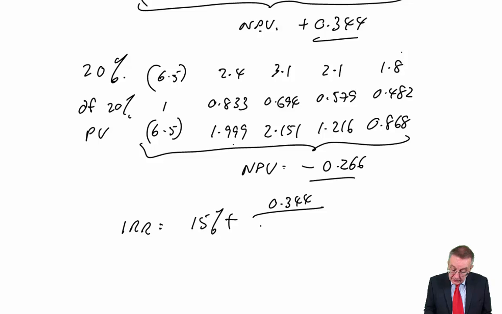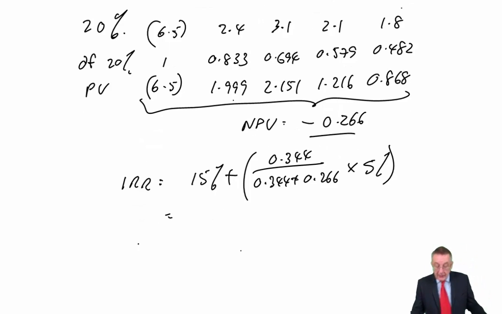The total change between the two, 0.344 plus 0.266, times the difference between the rates of 5%, 20 minus 15, which gives me, if I do the second bit first, 0.344 divided by 0.610 times 5.